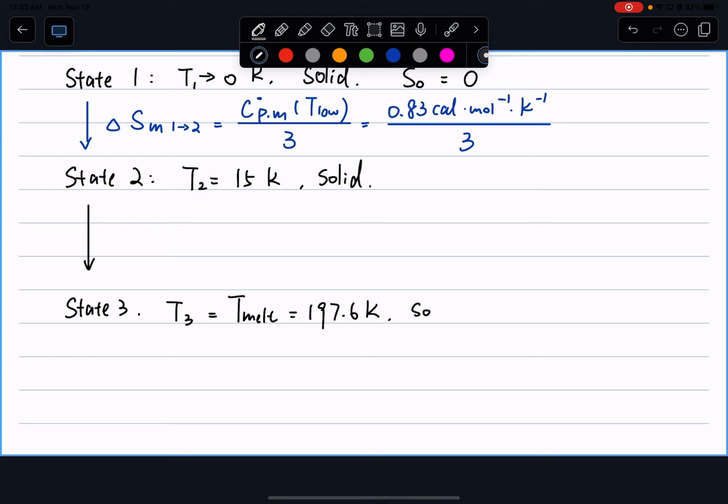And we still have a solid here. For this process, we have the delta S 2 to 3.